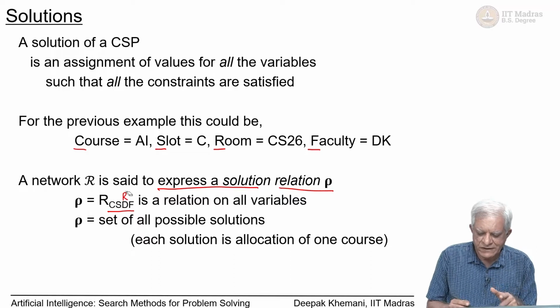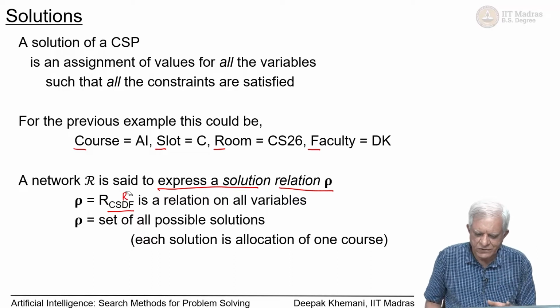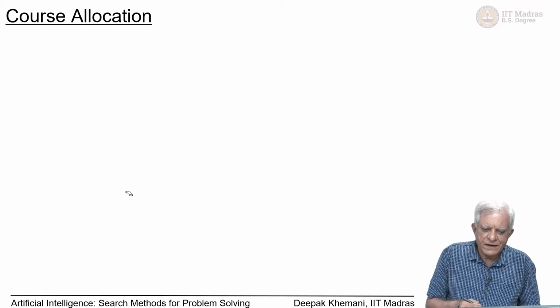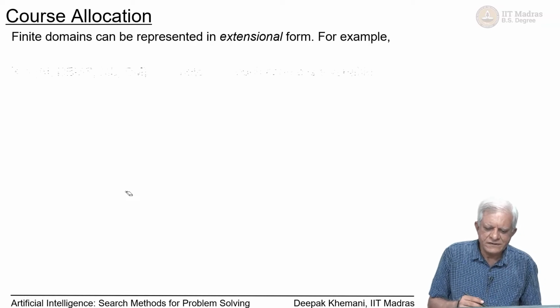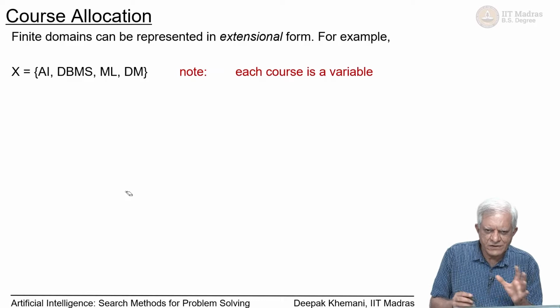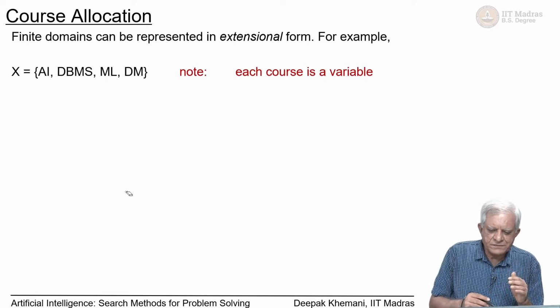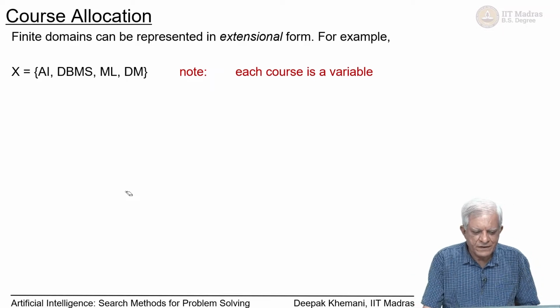What we have shown here is only one solution which talks about the AI course and C slot and CS26 and DK. Now, if you look at the course allocation problem in general, it is a little bit more complex than this. So, we will just touch upon it in passing to illustrate that there are complex problems that occur. So, now we have said that each course is a variable. So, that means you have to assign a value to that essentially.